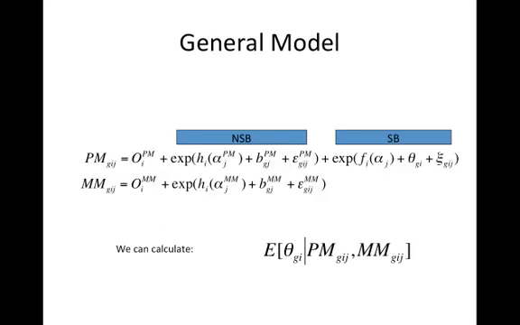So this is the general GCRMA model. It's quite complicated. You basically assume that the PM is optical noise plus hybridization noise plus real signal, but that the background noise depends on alpha, which is an affinity measure computed from the sequence. So now we have sequence in the model, and we actually could also implement MM.